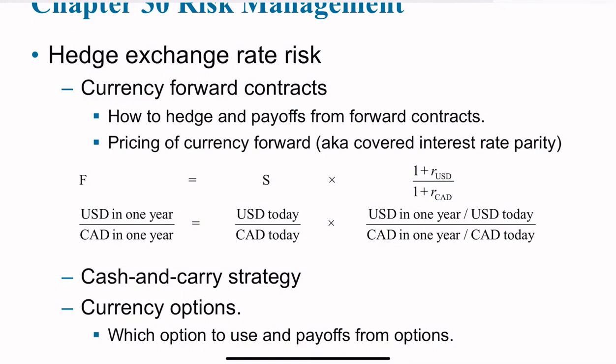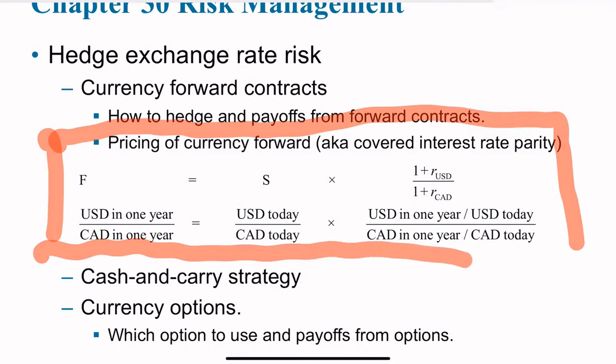And again, what kind of payoffs you can get from a forward contract. And then, importantly, we discussed this covered interest rate parity. We learned about this. This one is important because in the future, in chapter 31, you will see this again.